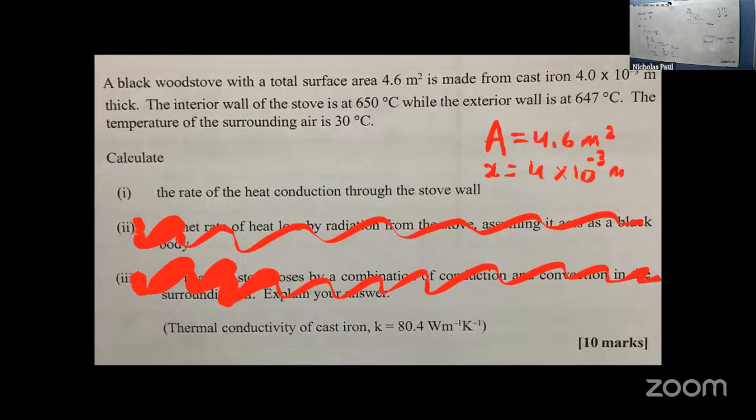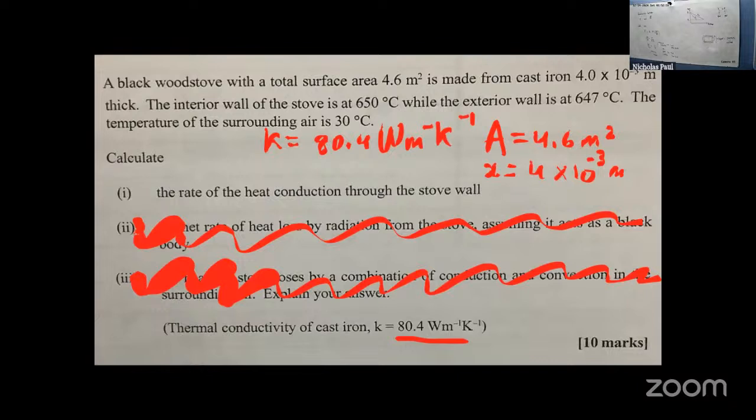They give K at the bottom here. They said that K is equal to 80.4 watts per meter per Kelvin, that's the SI unit of K. Then they said the interior of the wall is 650, while the external is 645.